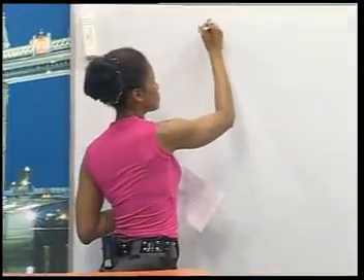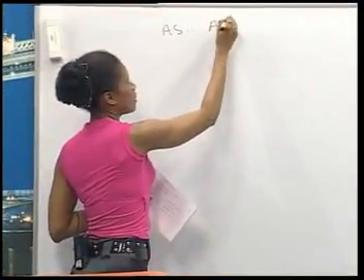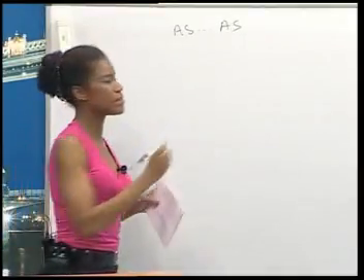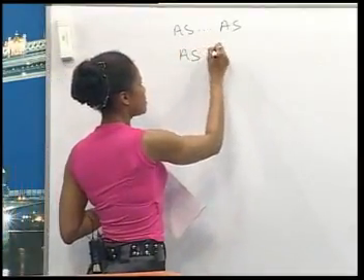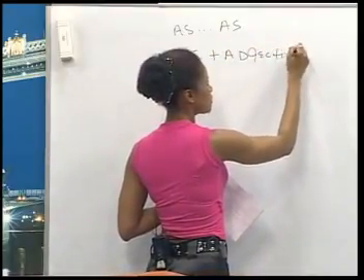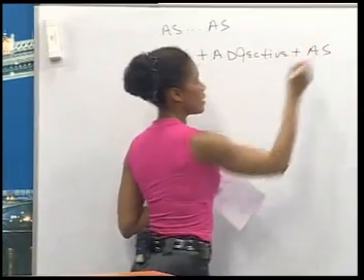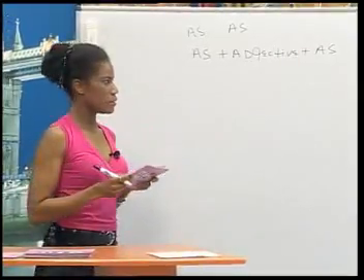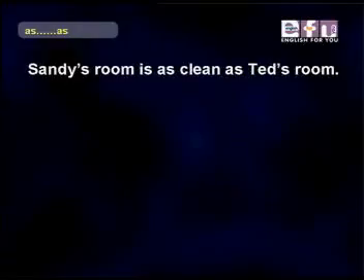Now we are going to learn the comparative as. And we are first going to look at as with adjectives. So as plus adjective plus as. Let's look at some examples. Sandy's room is as clean as Ted's room.